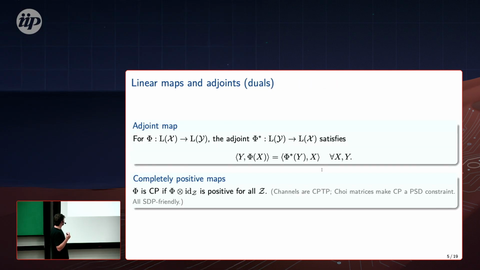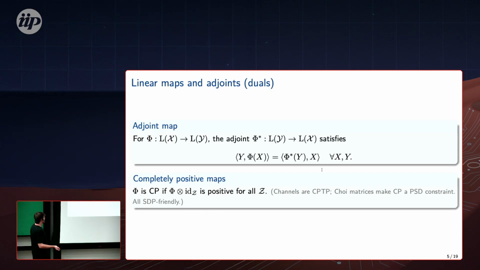And just again to set a bit of notation, another important thing we're going to need are maps from matrices to matrices. And again, maybe this might be a bit confusing, for the adjoint of the map I'm also using the star.